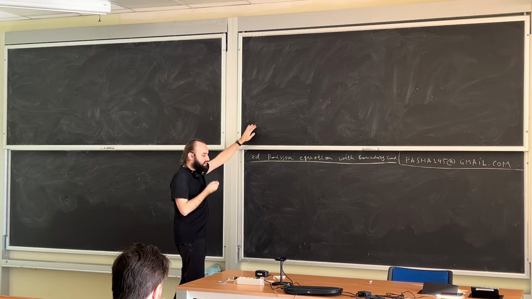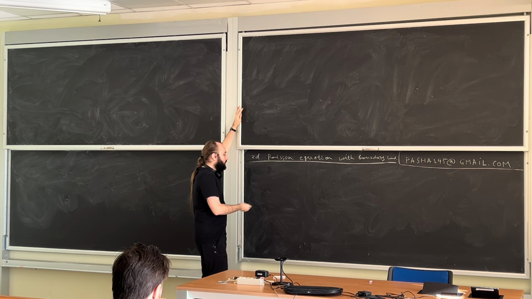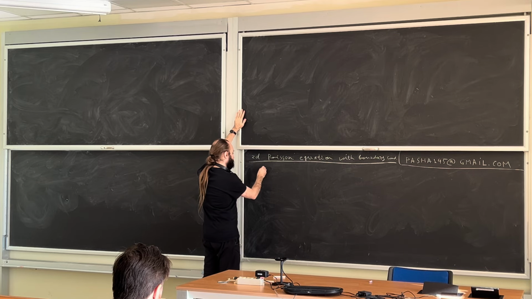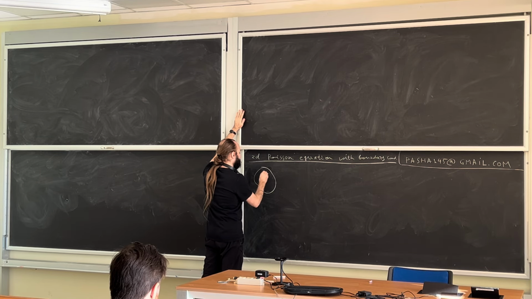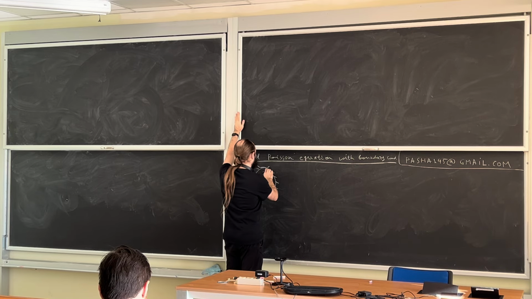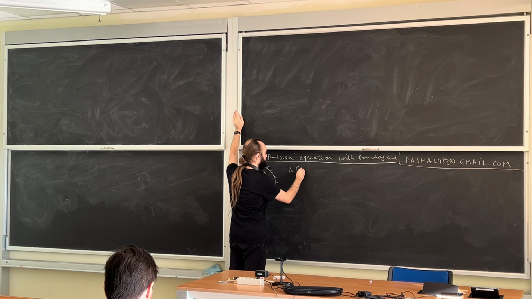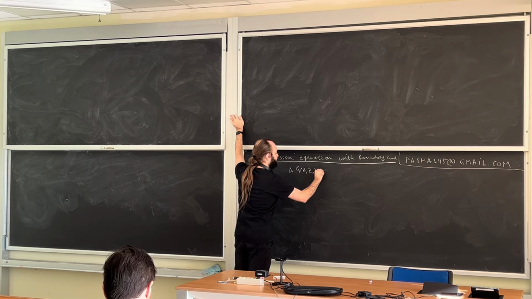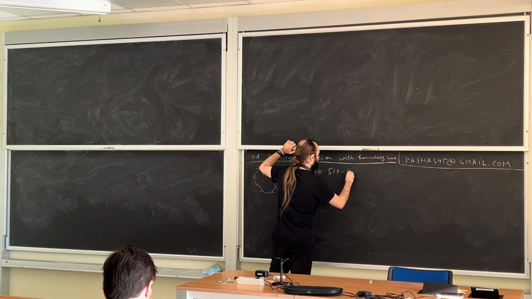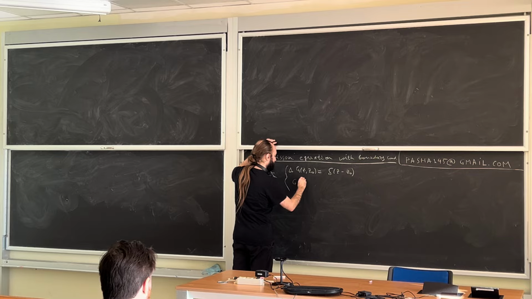Last time we ended with the following statement: if we have some domain D, we have a Green function that solves this equation with zero boundary conditions.